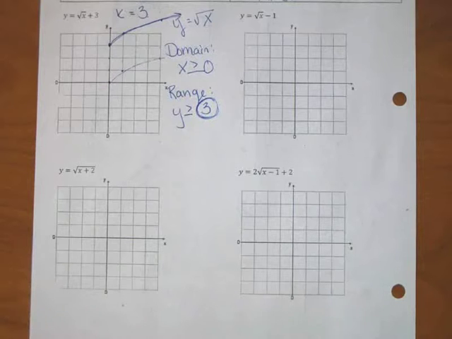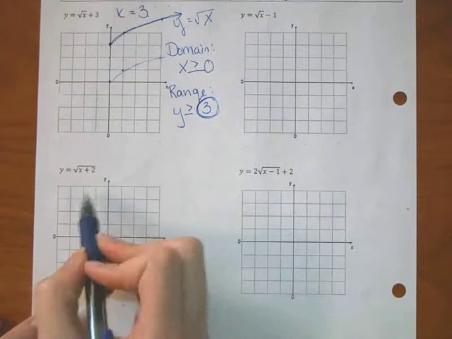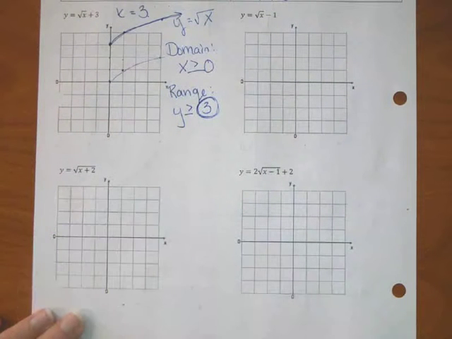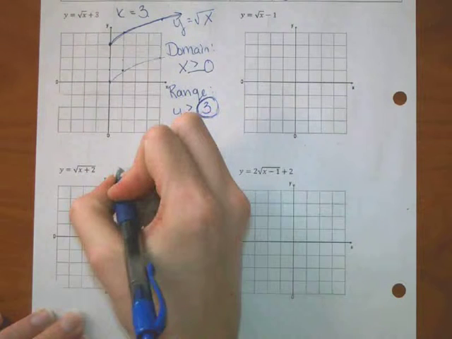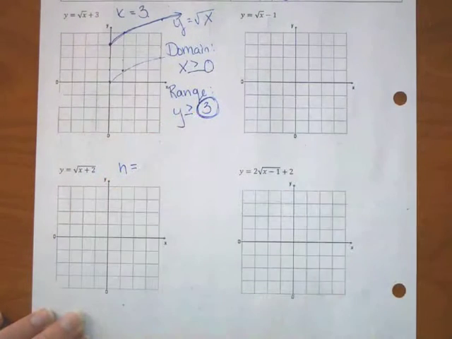All right, so let's do the one right below it. Now, am I adding something, subtracting something, or am I multiplying? I'm adding. Am I adding underneath or outside of my square root? Underneath. So which variable is that? H. Okay. So what is my H?